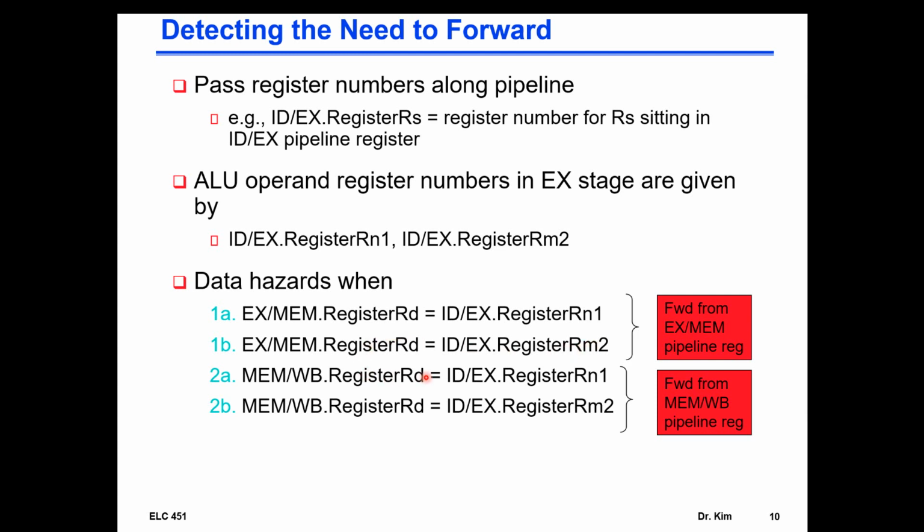Also, when the destination in the memory write-back boundary register is equal to the source 1 in the instruction decode execution boundary register, we need to forward from the memory write-back boundary pipeline register. We need to forward those results from there.